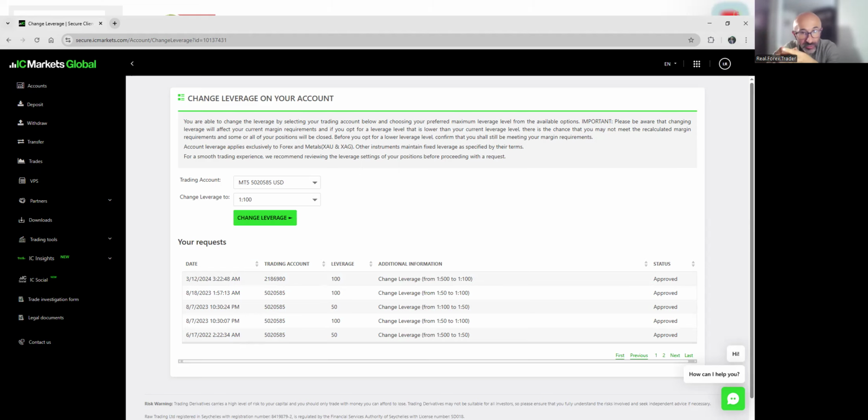The amount of margin required, my capital at risk, depends on the leverage used. So margin is the amount of money required to open a leveraged trade. For example, with 100-1, 1% of the total trade size is necessary to open a position.